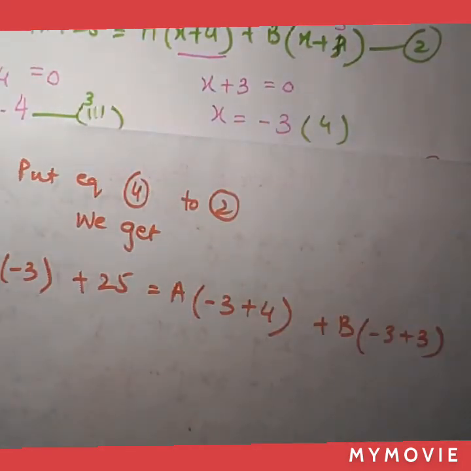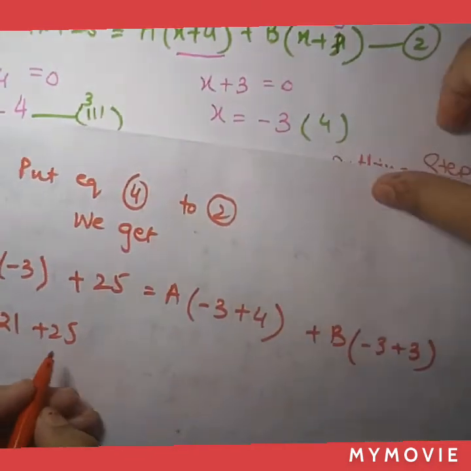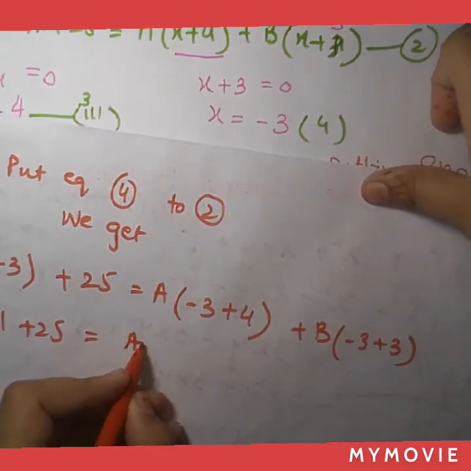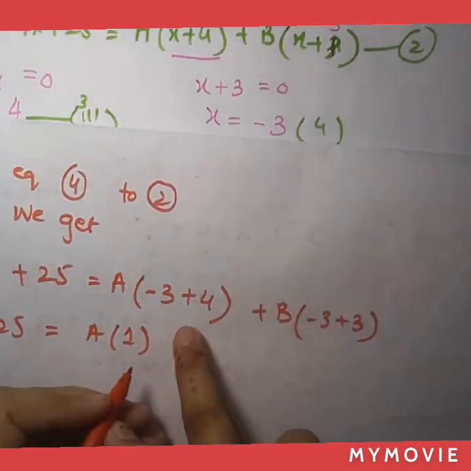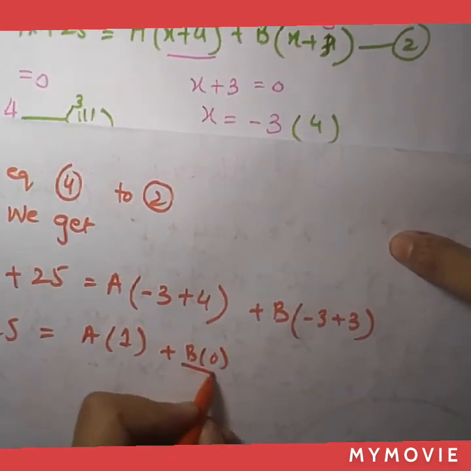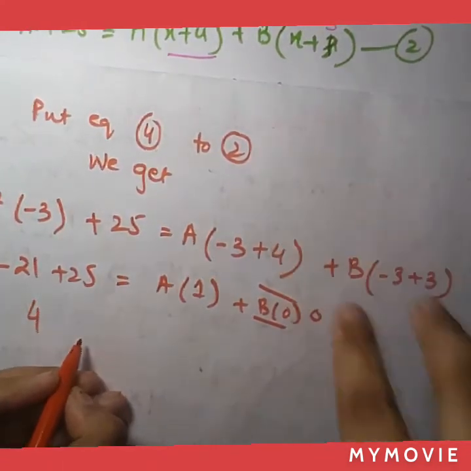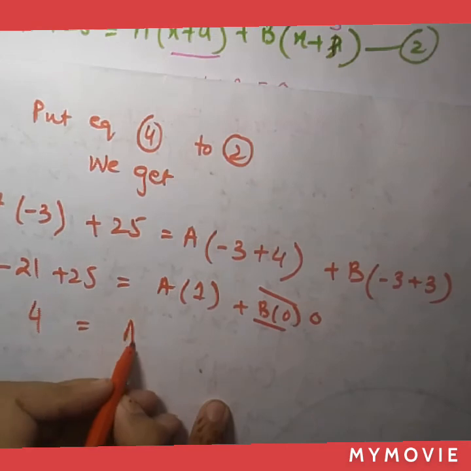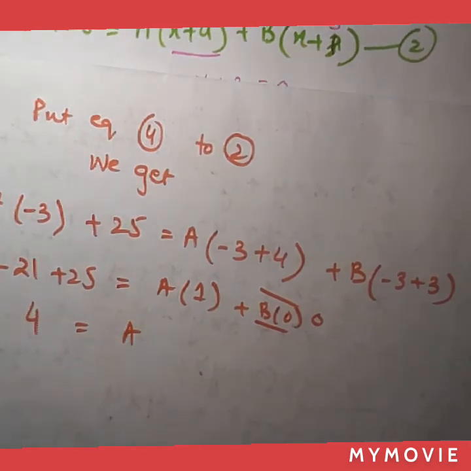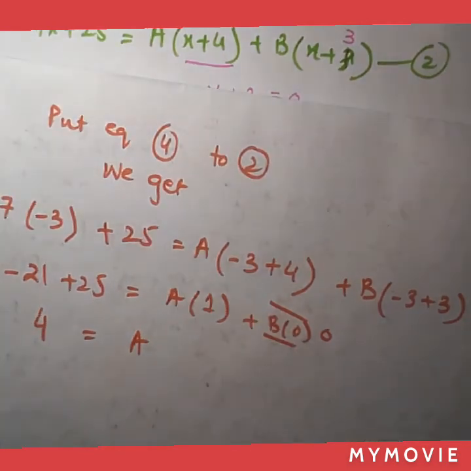So 7 into 3, we get minus 21 plus 25 is equal to a into 1, because 4 minus 3 is equal to 1, plus b times 0, which is 0. So 25 minus 21 we get 4, and a is equal to 4. Also bold it and name it, and the name should be different from other equations, so you are not confused over the equation names.